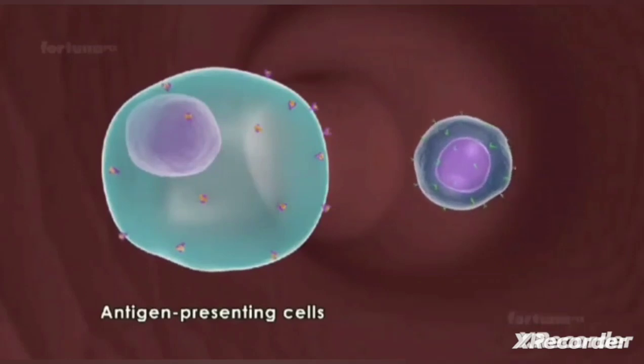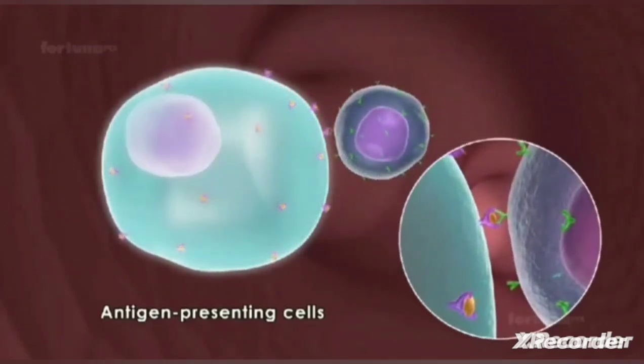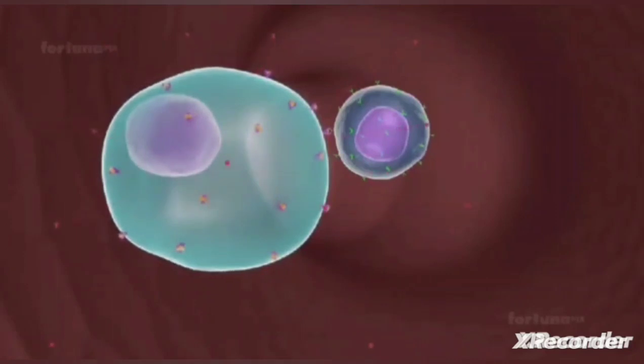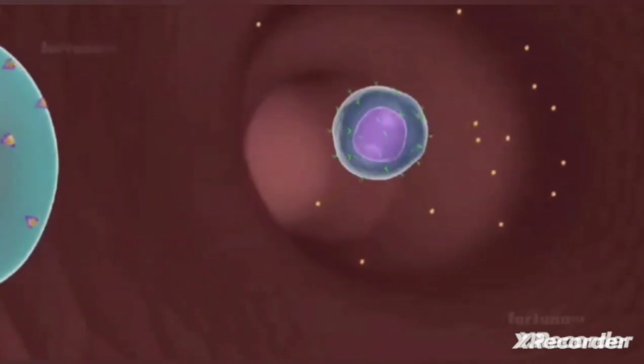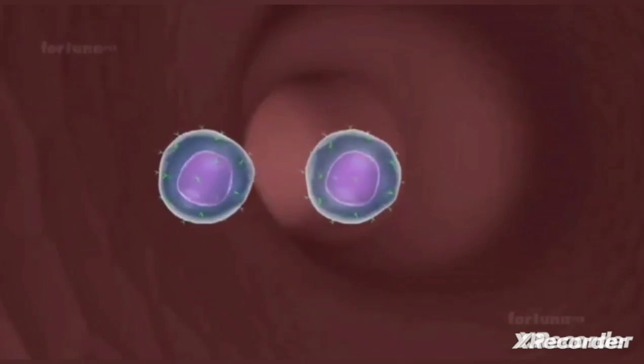The receptor on the T helper cell binds with the MHC class 2 receptor and the antigen particle inside it. After that, the macrophage releases the chemical cytokine interleukin 1, which stimulates the T helper cell to secrete interleukin 2. The activated T cells divide and increase in number.